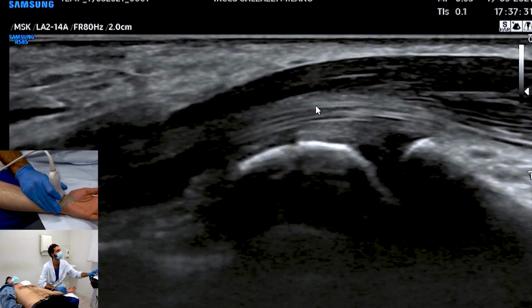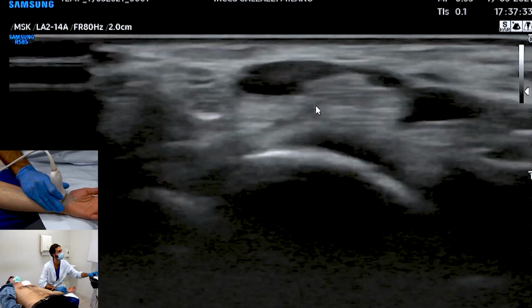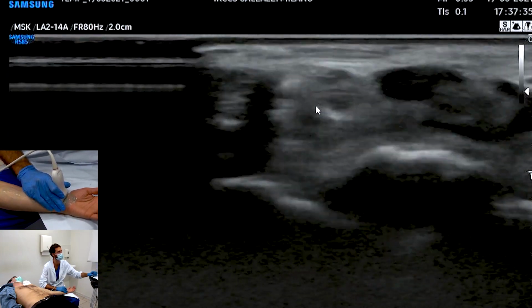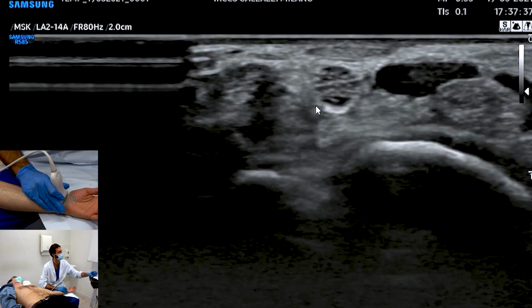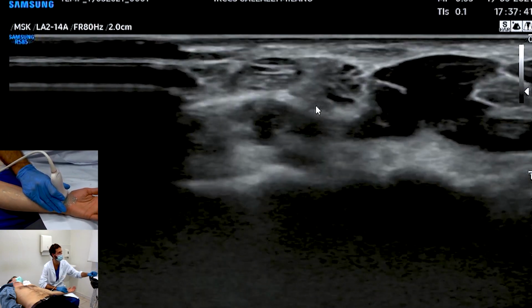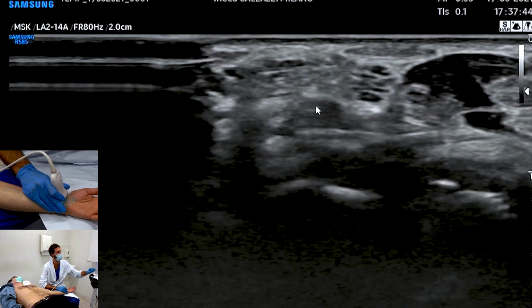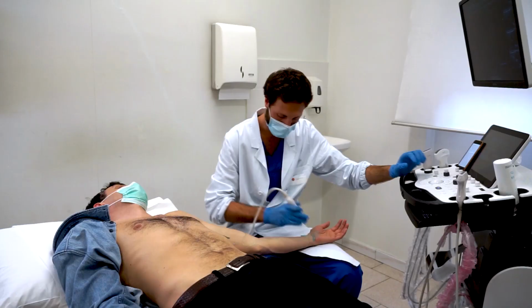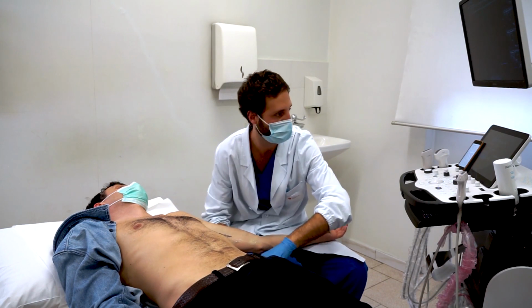Before entering the carpal tunnel, the median nerve provides a small sensory branch, the palmar cutaneous branch, which is a very tiny structure that should be evaluated with a very high frequency probe. So it would be better to change our probe.